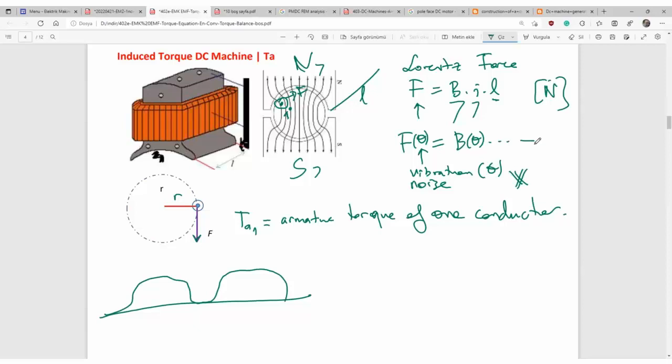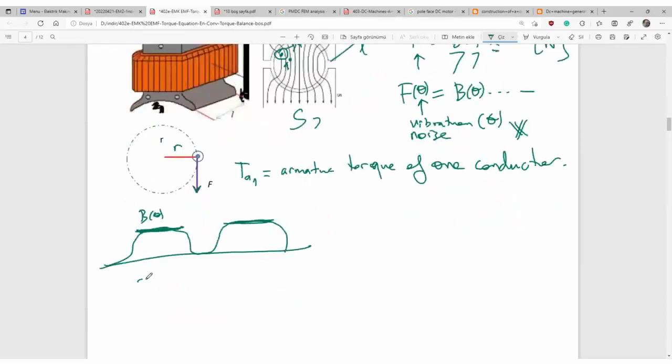First of all, you should keep B theta as flat as possible in the waveform, and then you make commutations as short as possible.